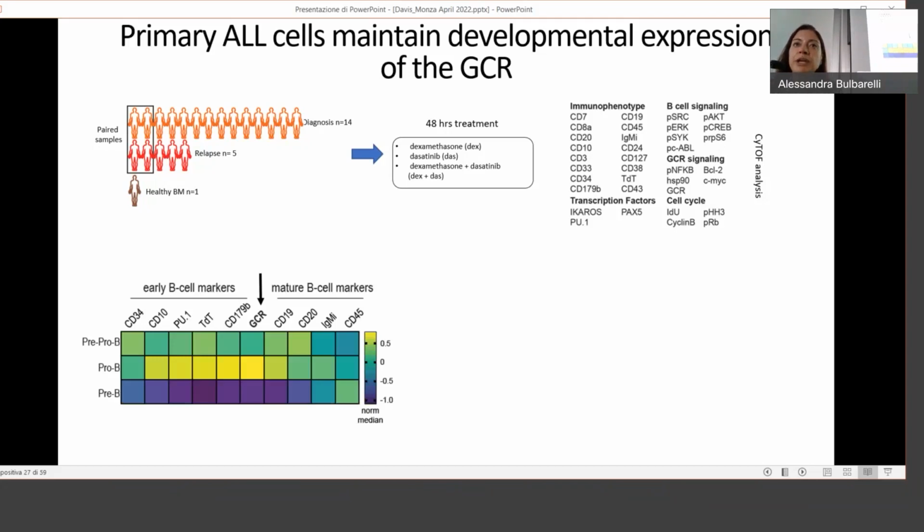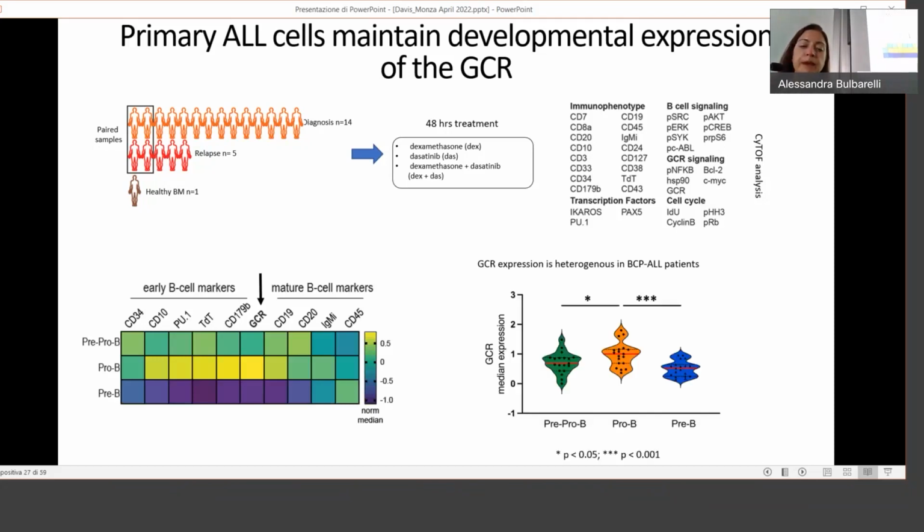And again, in primary ALL cells, we saw the same developmental patterns of GCR expression, such that the glucocorticoid receptor was most highly expressed in the pro-B cells and with the sort of earlier B cell markers. But we found, of course, and not surprisingly, that the level of expression on the pro-B cells was very heterogeneous.